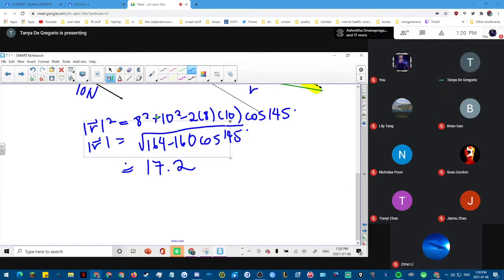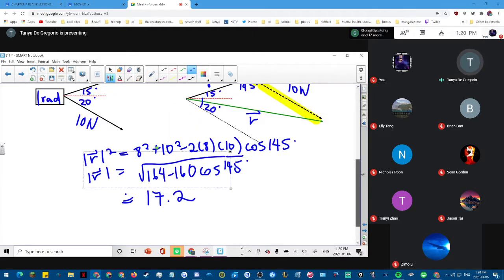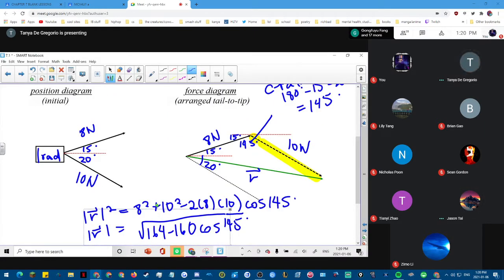Am I done? Wait, if we were to use the Z pattern, how would we write it? What does that mean, if you were to use the Z pattern? Look, I found the 15 degrees. Do you see that? I showed it right here. No, I mean how would we show that we used it?